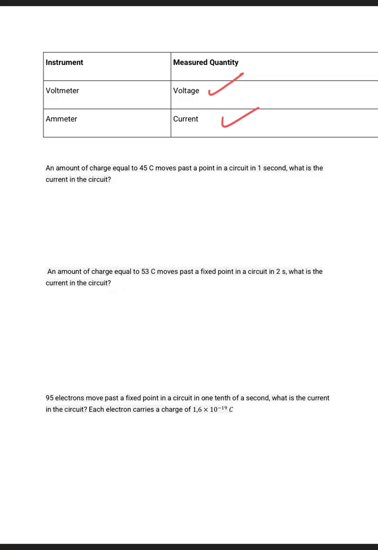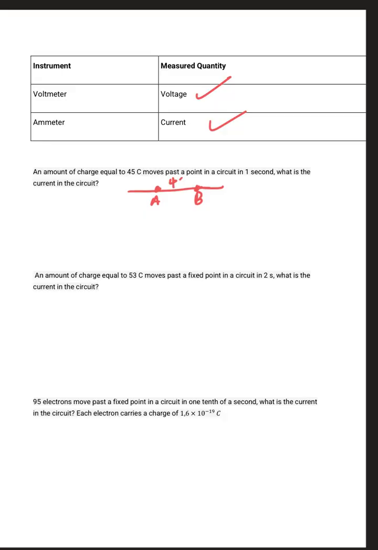Now we have a few examples. The first one says an amount of charge of 45 coulombs moves past a point in 1 second. What is the current in the circuit? We can assume the charge moves from point A to point B, the charge is 45 coulombs, and it takes delta t equals 1 second.